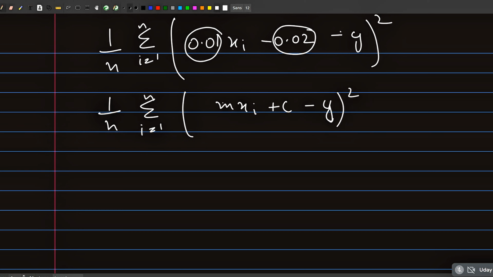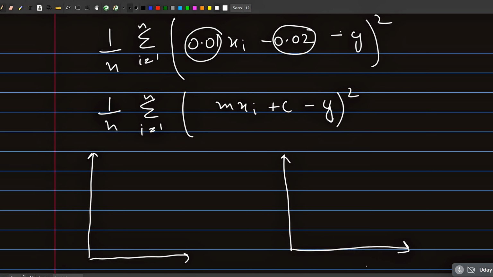Okay. So this m will be initialized to 0.01 and c will be initialized to minus 0.02 in the first iteration. But along the iterations, when we are optimizing it, its value will change. So rather than keeping those values directly, I am taking a variable to denote them.